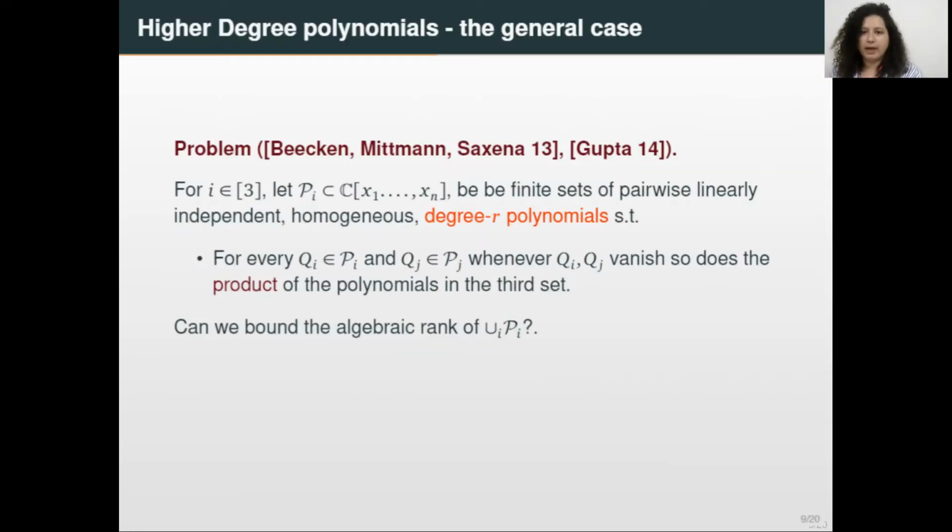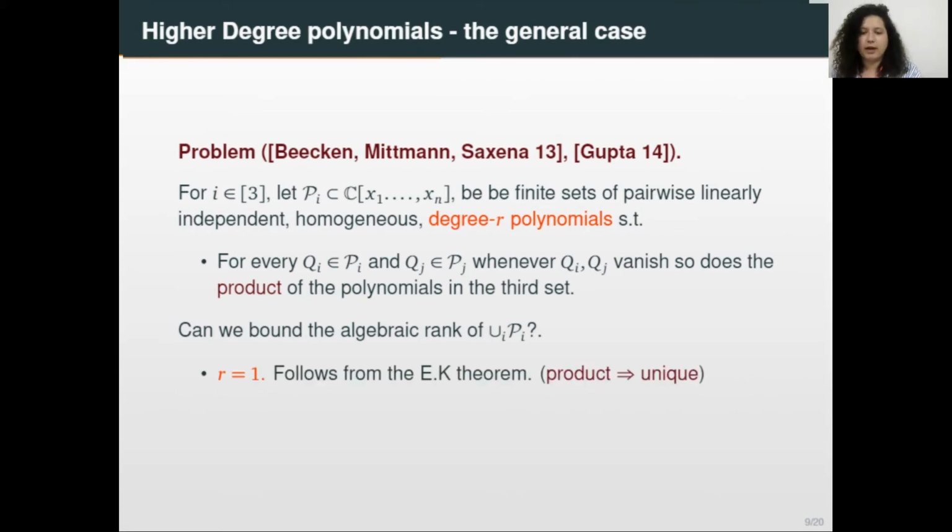So Beecken, Mittmann, and Saxena, and later Gupta asked whether the same property holds for higher degree polynomials. Specifically, we have three sets of degree R polynomials that satisfy the product Edelstein-Kelly condition. That means that whenever we take two polynomials from two different sets, whenever they vanish together, then the product of the polynomials in the third set vanishes as well. And they ask, can we bound the algebraic rank of the polynomials in our sets?